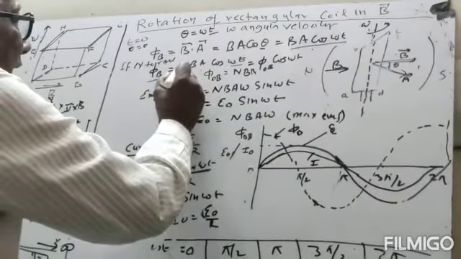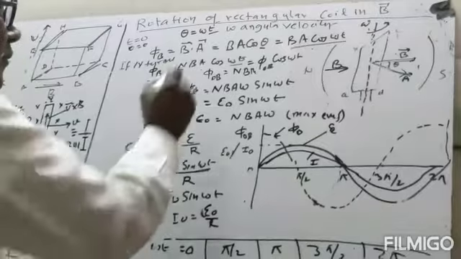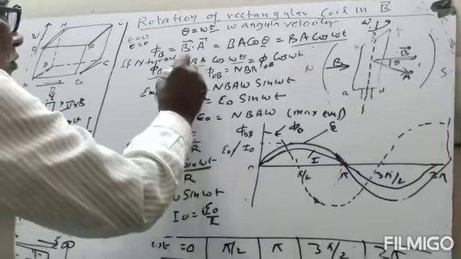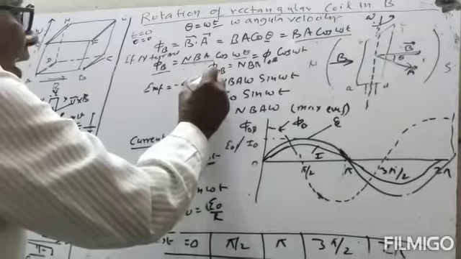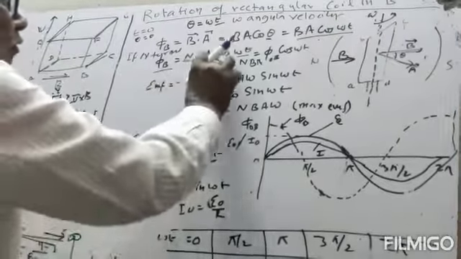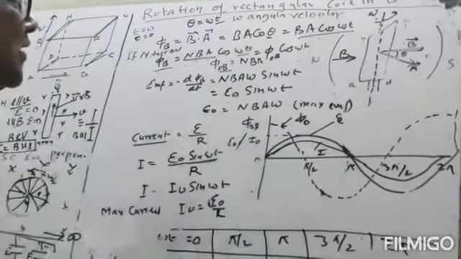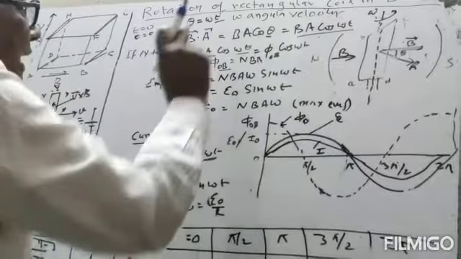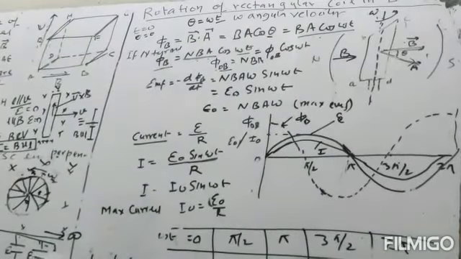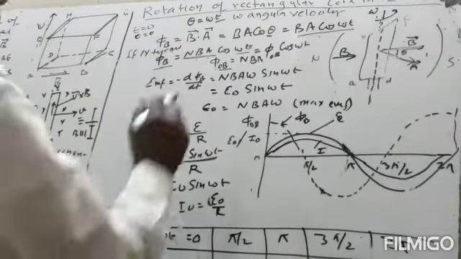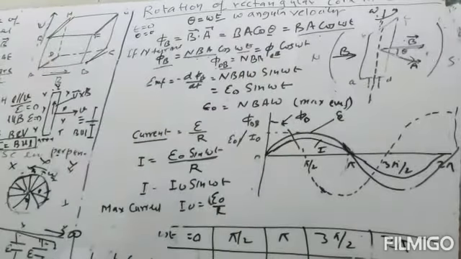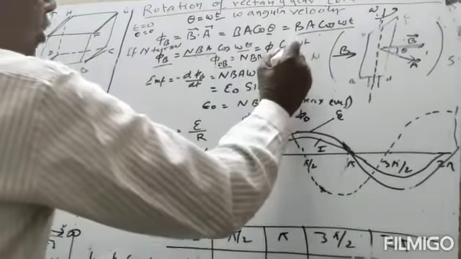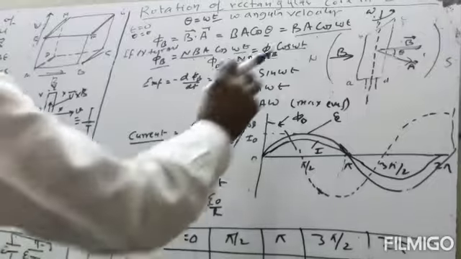Here n, the number of turns, B and A are constant. So we put this constant as phi 0B, the maximum flux. So phi 0B will be equal to N B A, and we can write phi B will be equal to phi 0B, the maximum flux, into cos omega t. So it is a function of time.